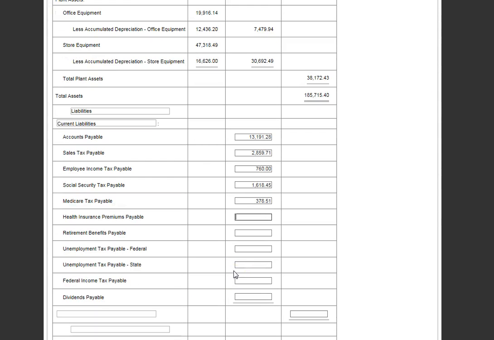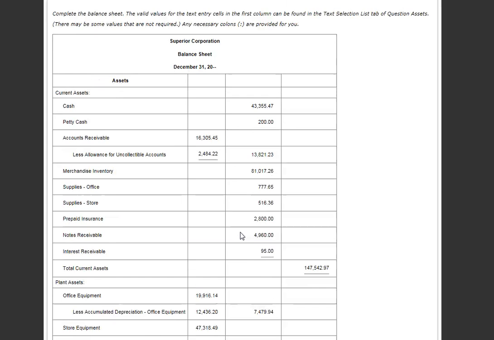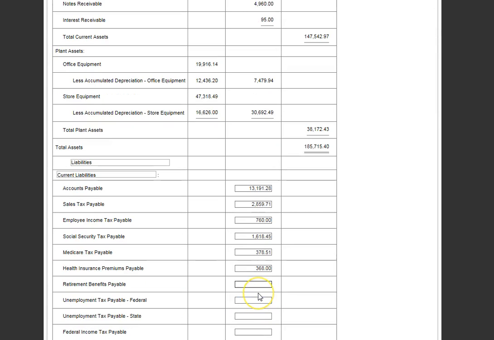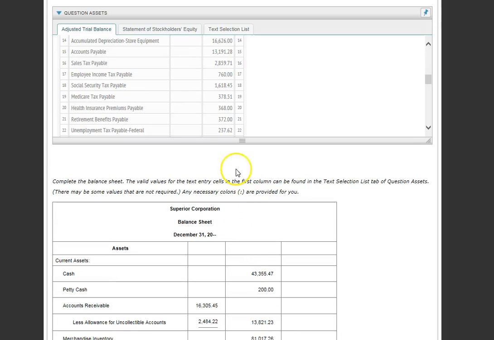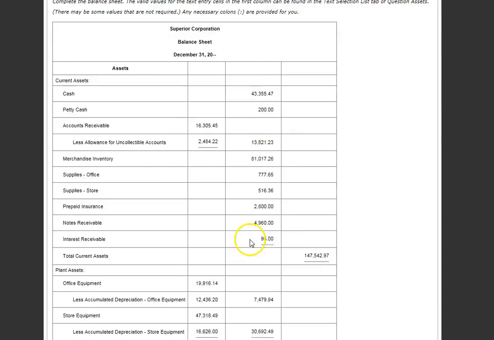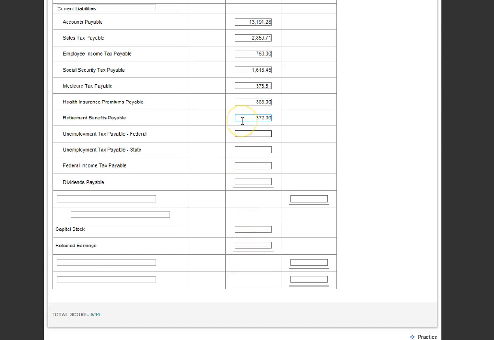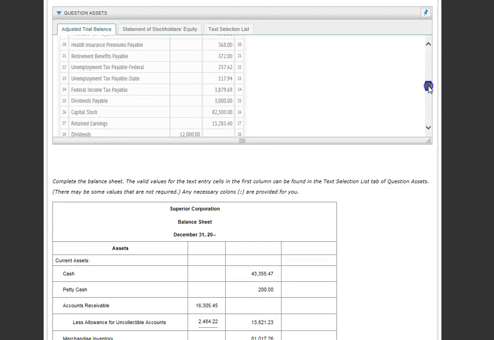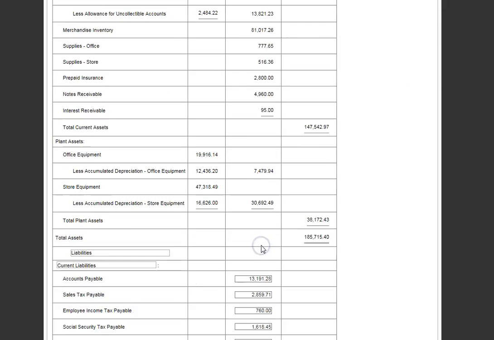368. Retirement benefits, 372. Unemployment, 237. Unemployment, 117.